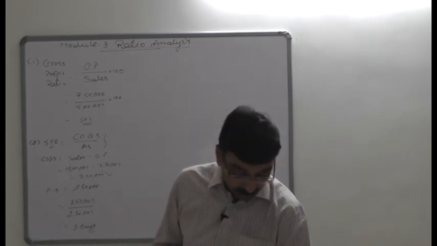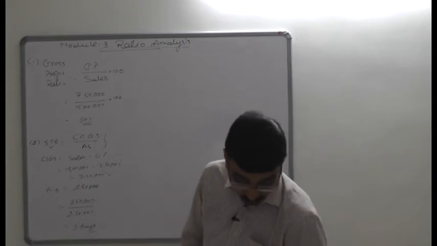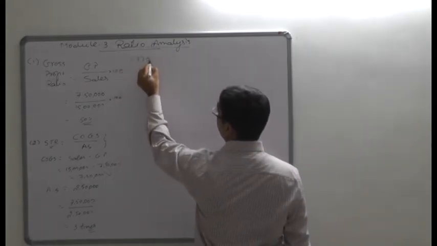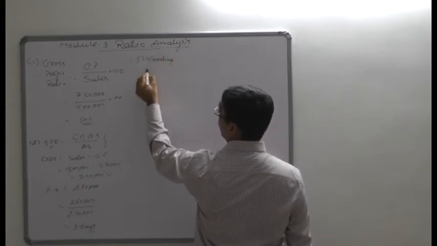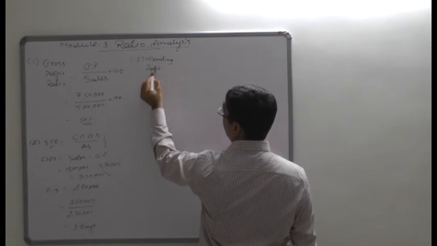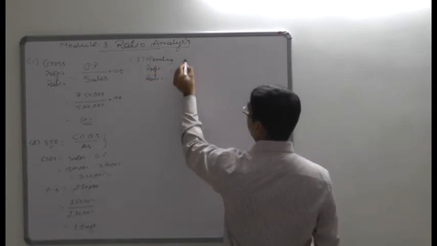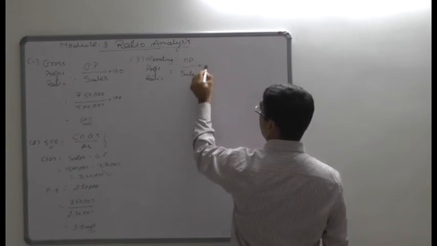Moving to the next ratio, that is the operating profit ratio. I think it also comes once again, so I don't think there would be any question in finding the operating profit ratio. All of you are very much aware of the formula: operating profit divided by sales into 100.